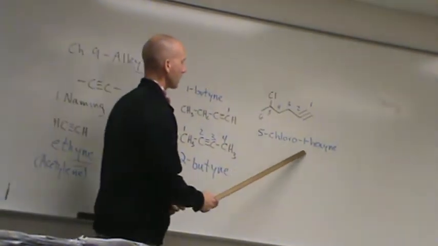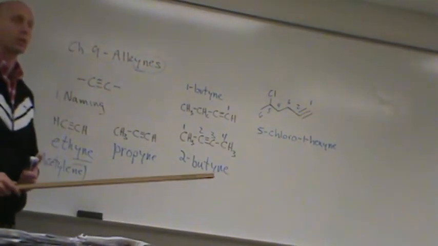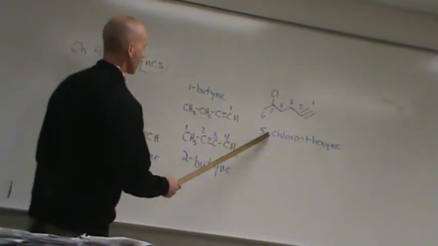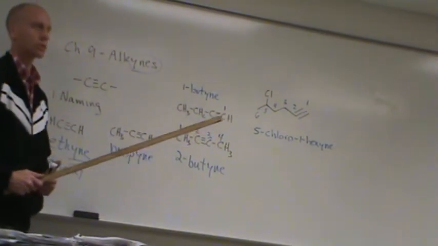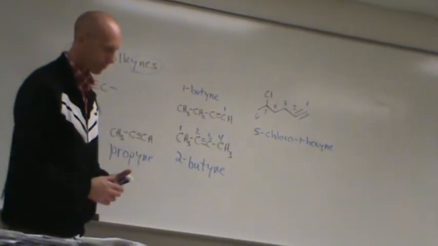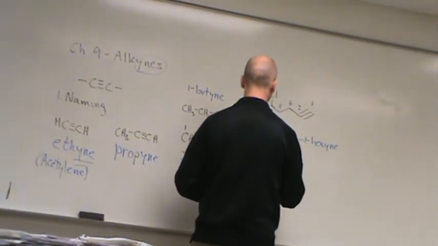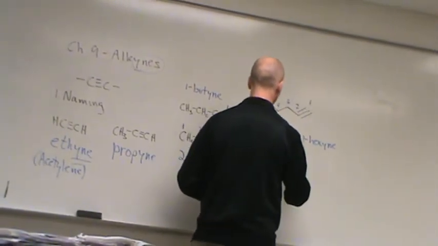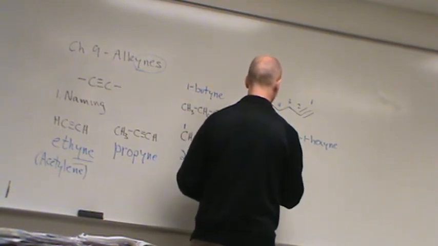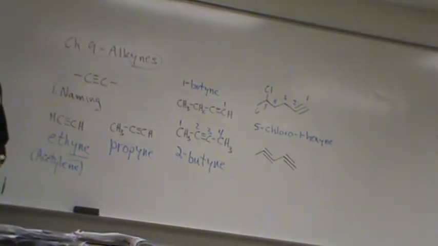So you can see we name these things just like we did alkenes. So if you're good at naming alkenes, you'll be good at naming alkynes. Same kind of rule holds if you had say 2 triple bonds.